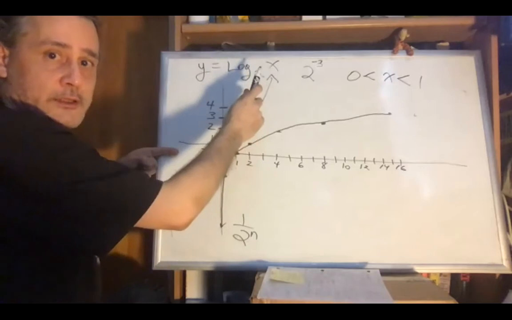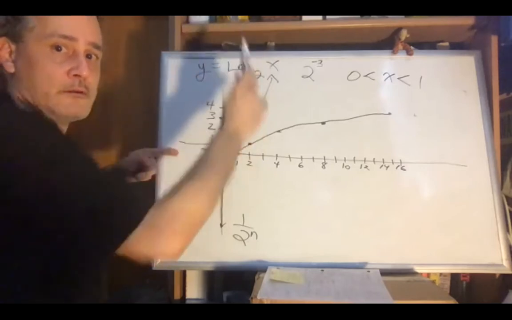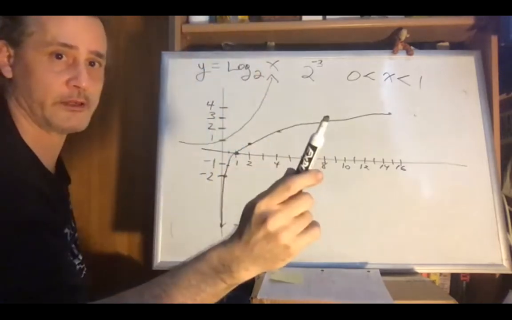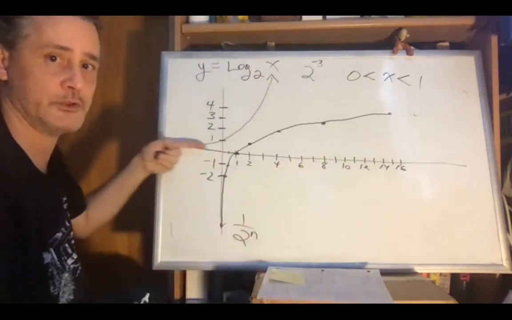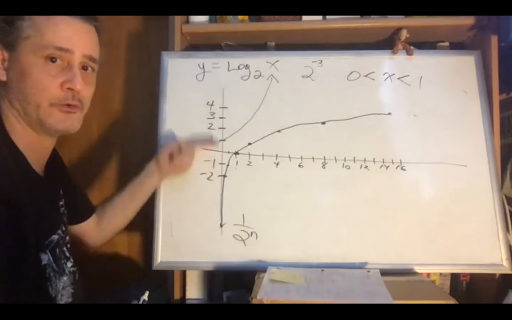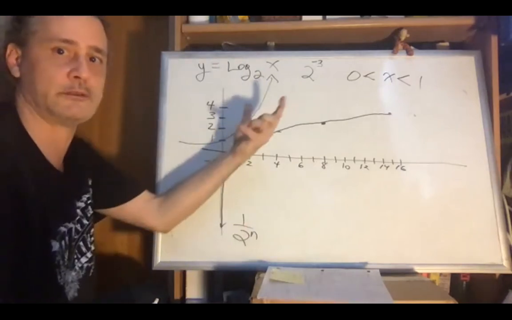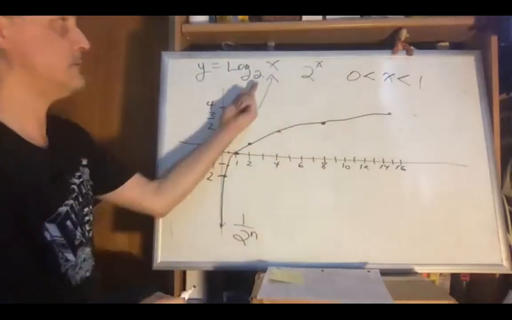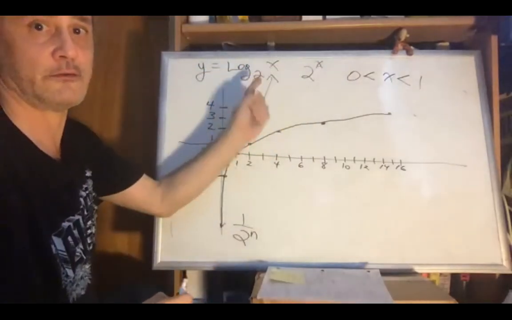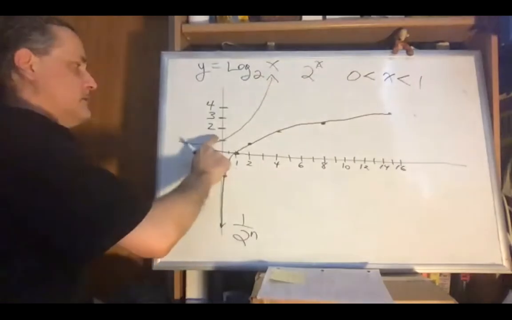And so 2 to the x points up, the log of the x points to the right. 2 to the x has a horizontal asymptote. The log of the x has a vertical asymptote. Okay, remember these, 2 to the x and logarithmic, are inverses, right? Okay, so that's how these are related.